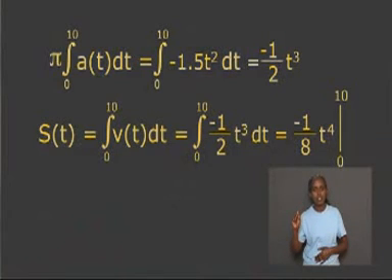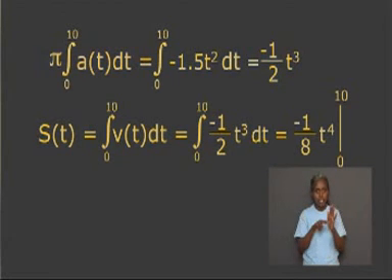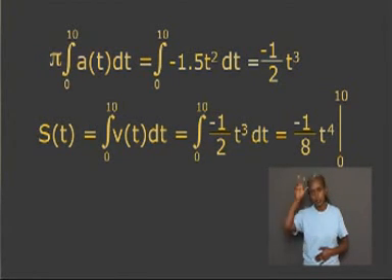V of t at 10 seconds is given by the integral from 0 up to 10 of a of t dt, and v of t is negative 1 over 2 t cubed.